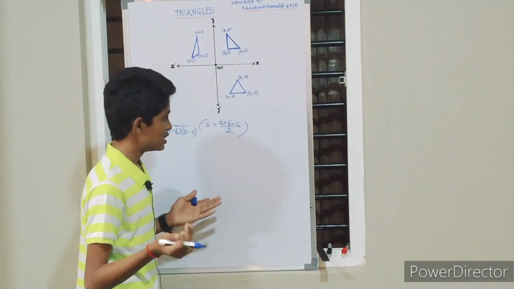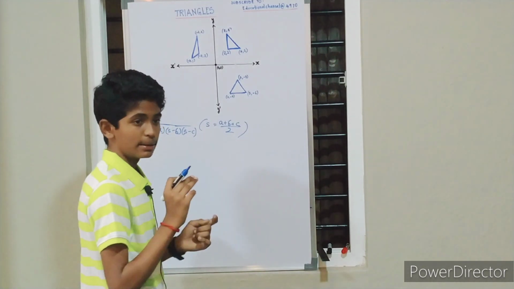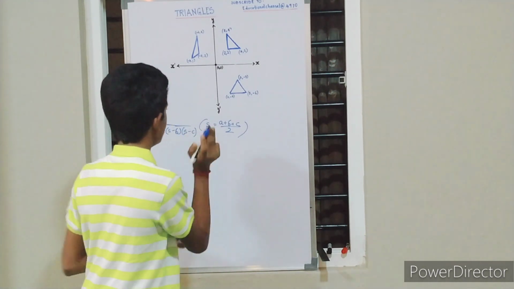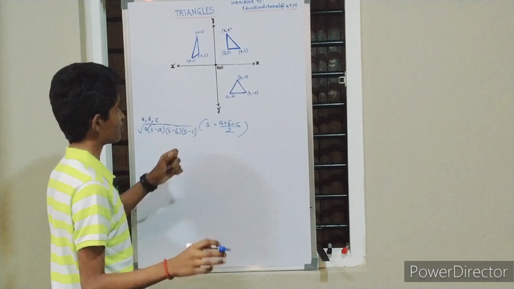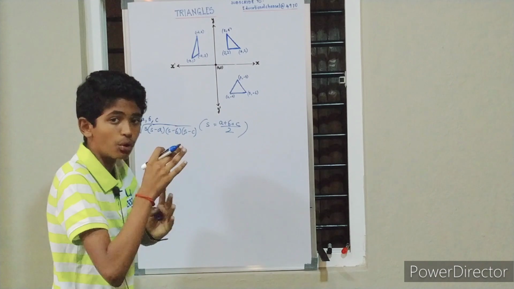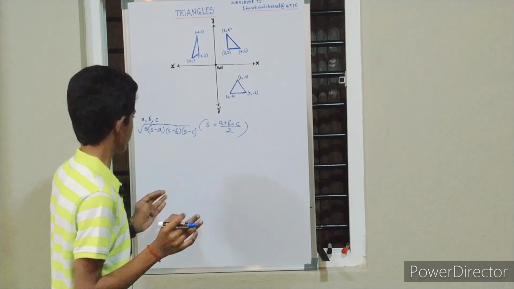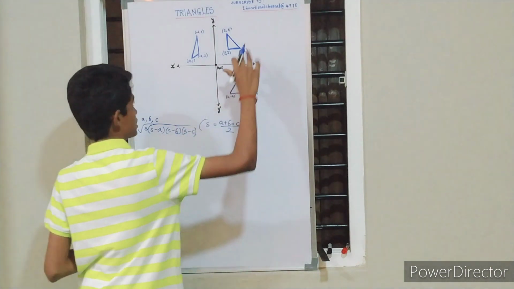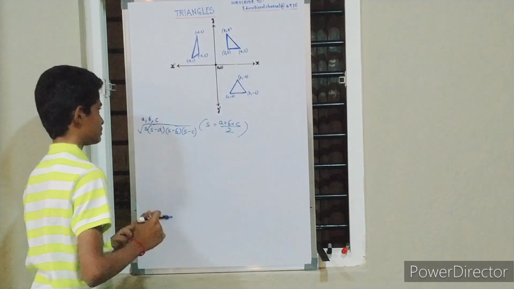Anything is possible. So for the safer side, we use the actual formula for finding the area if you have the vertices' coordinates. Okay, let's start. I want to find the area of this triangle.